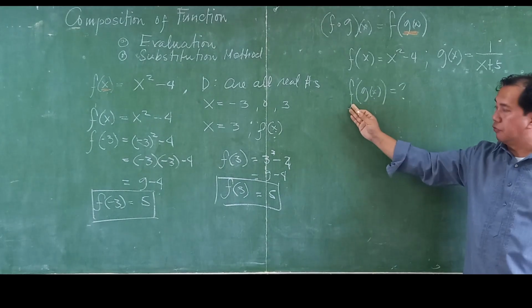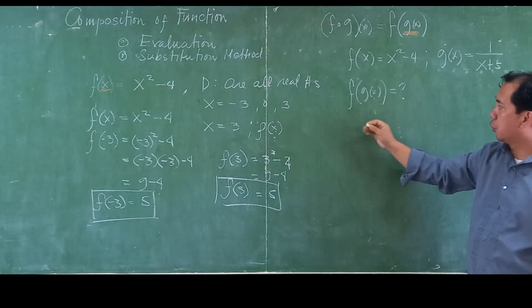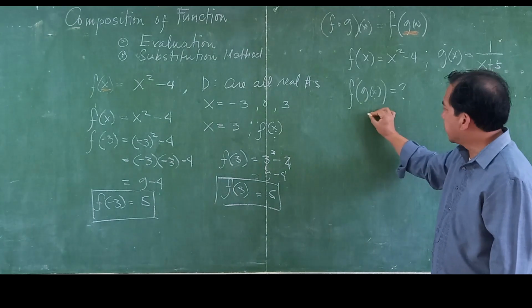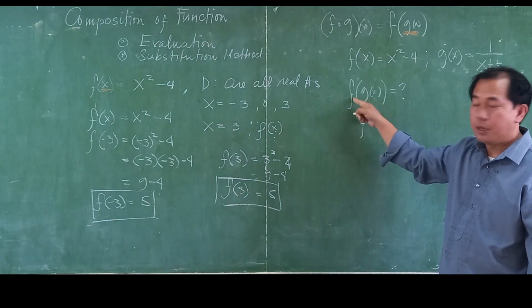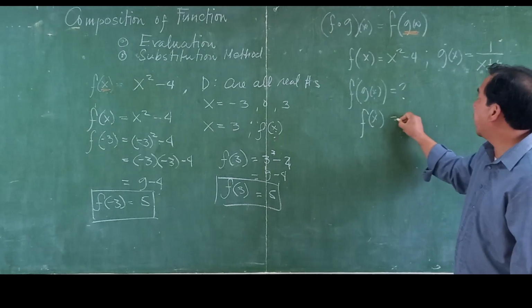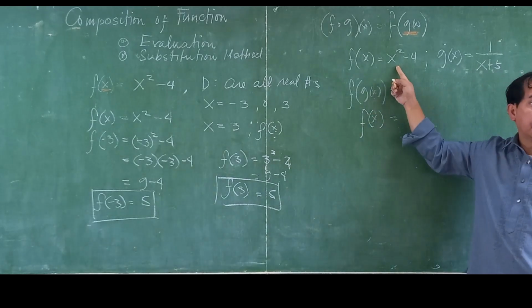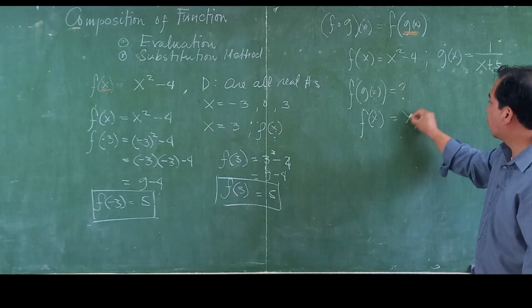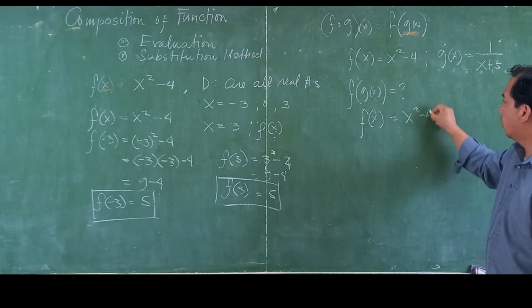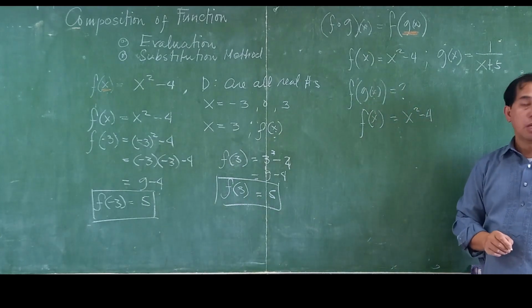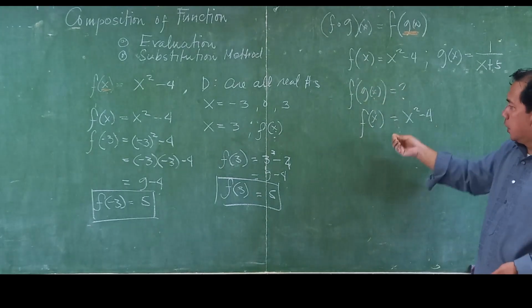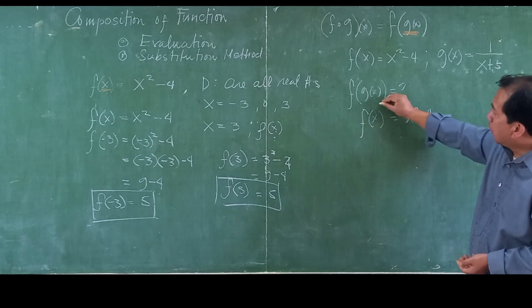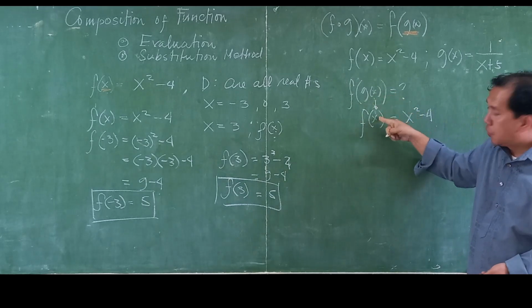We copy the outer function. What is the outer function? Our outer function is actually f of x, which is already defined. So, x raised to 2 minus 4. And so, when we are going to have now the composition, we change the x.